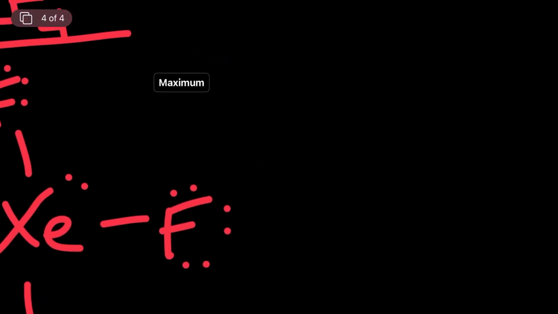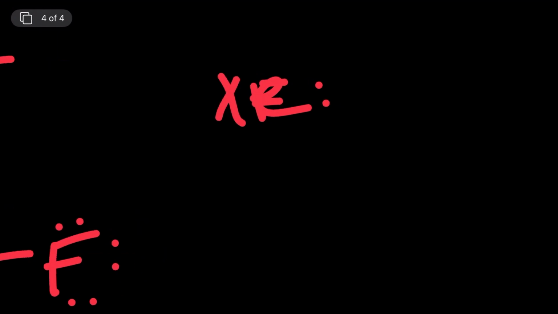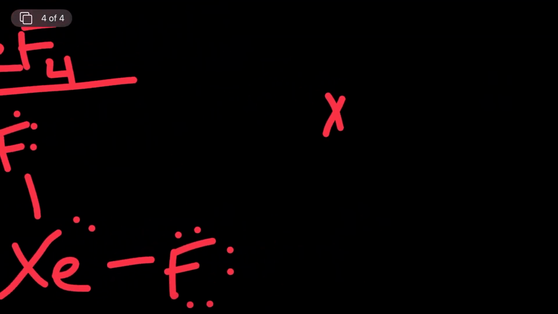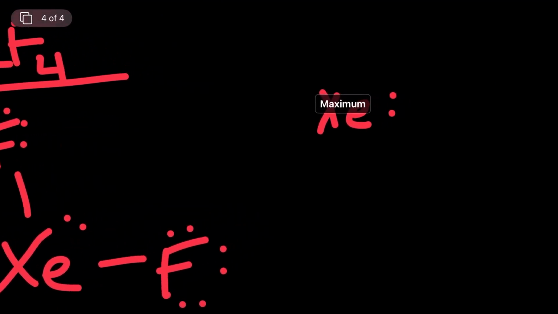And just a review on how we check that, we can check our center atom, which is xenon, and we can calculate the formal charge. So how do we calculate the formal charge?